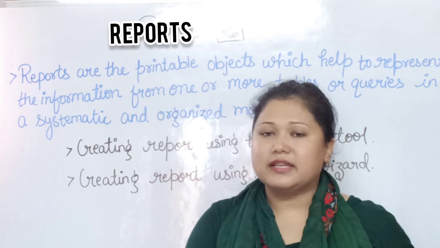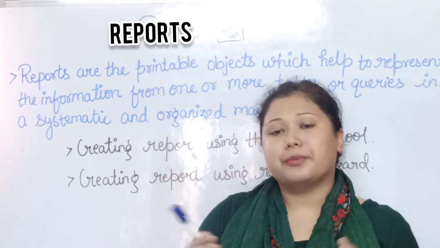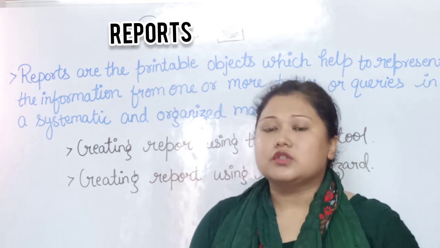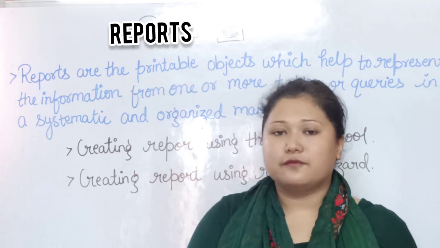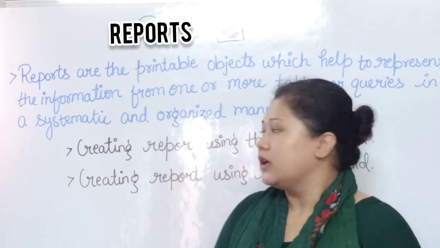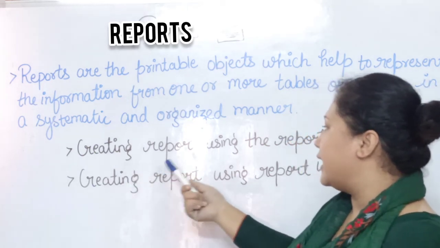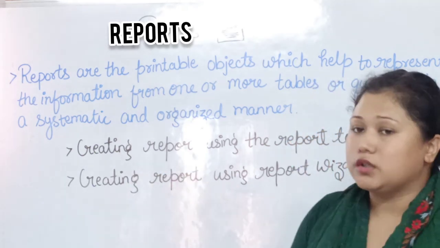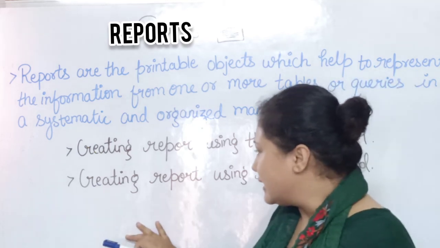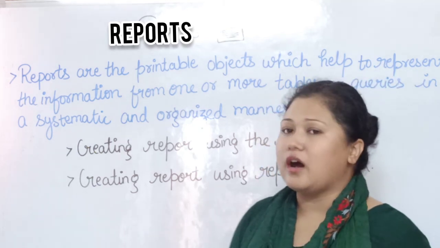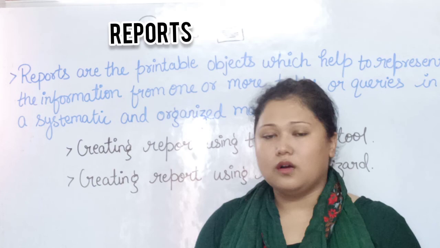Like table is one format and report is another format, so we are converting one format to another. Next we will see how we can create a report using the report tool, and last we will see creating a report using a report wizard. So let's start.